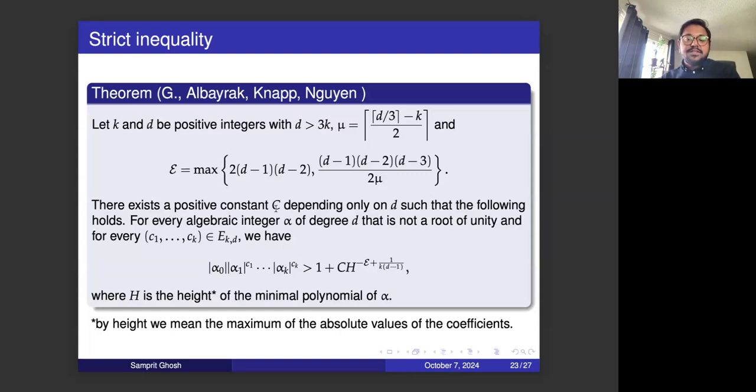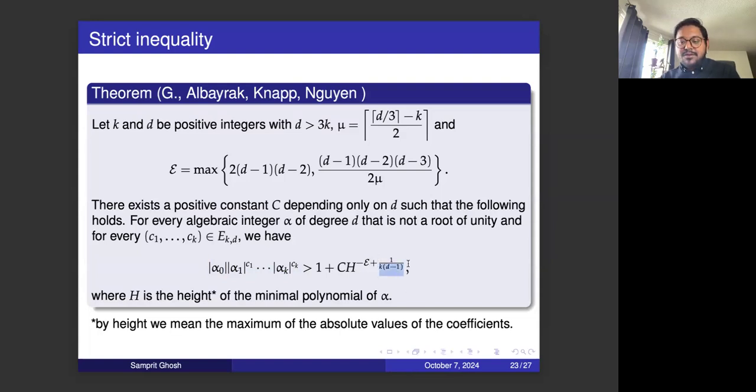Then there exists a positive constant C depending only on d, such that the following holds. For every algebraic integer alpha of degree d that is not a root of unity, and for every C1, C2, through Ck in EKD, this is a strict inequality, and it's bigger than 1 plus C times h to the minus E plus 1 over k over d minus 1.